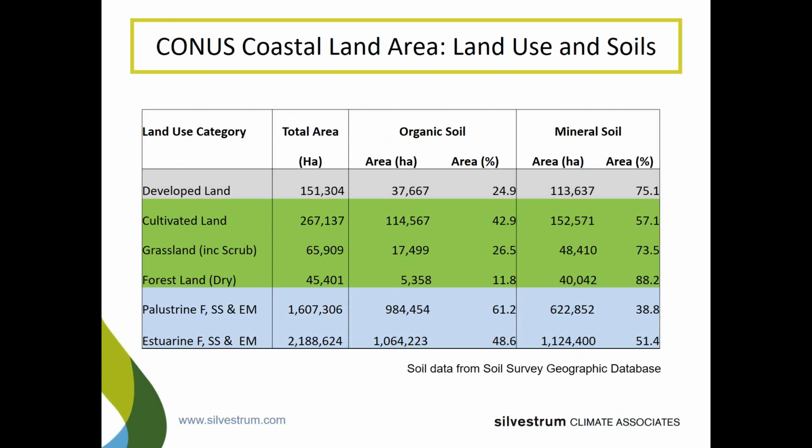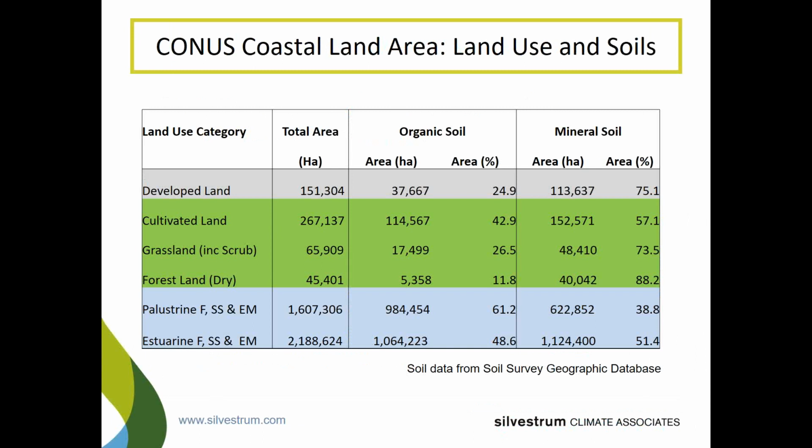So here we look at the different land cover classes and area and types of soils that we find in the coastal land area. There's a certain area of developed land, 151,000 hectares. Then there are drained former wetlands, cultivated lands, grasslands, and also forestry, which is on dry lands below the tide elevations, behind levees.